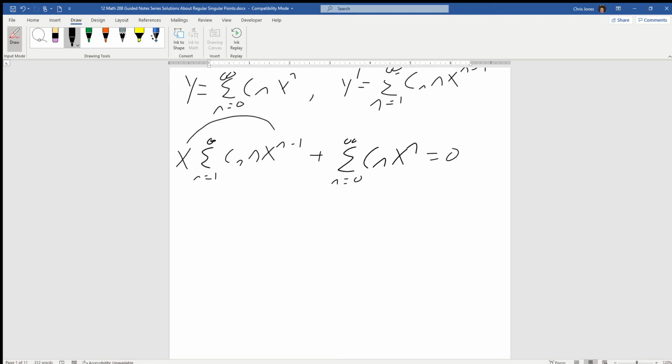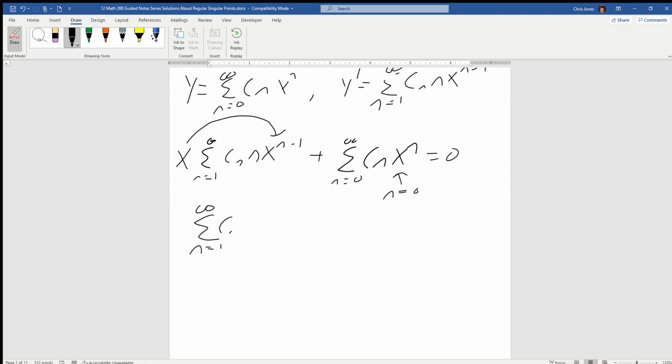We can multiply the x inside, and we can also split off n equals 0 from this series. That should put it to where we can factor out the series as well as the x to the n. So I'm going to multiply the x into this, and we're going to get the series n equals 1 to infinity, c sub n n x to the n.